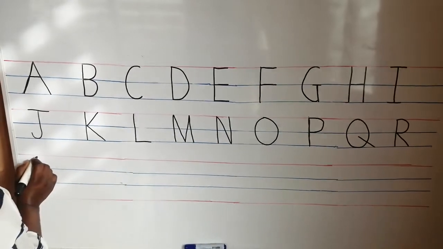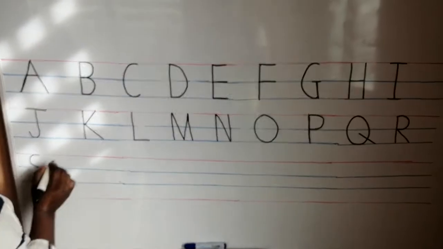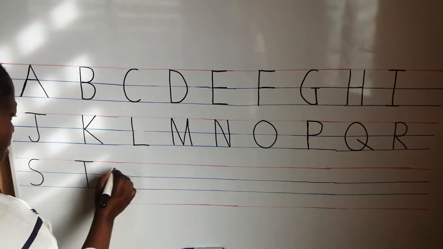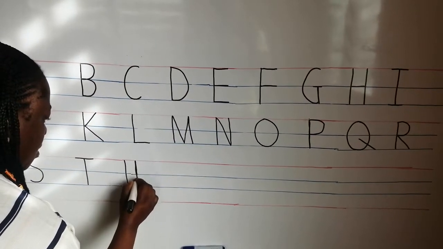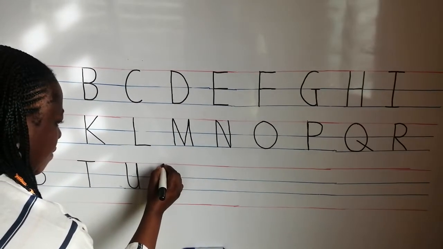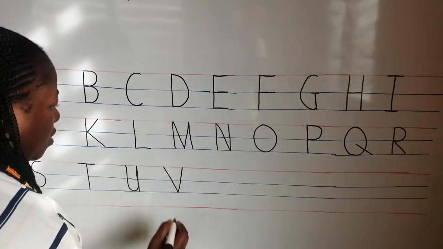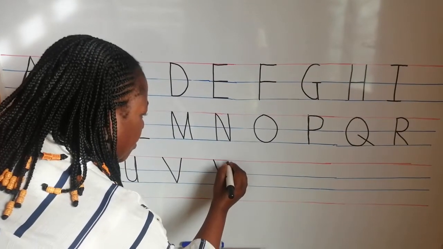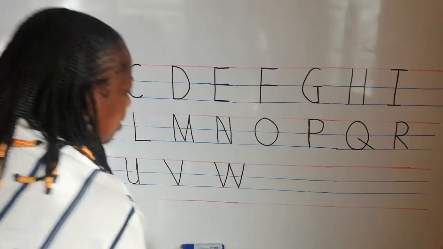Now S. T. W is a V. We start it again, stroke down and stroke up, and we are done.